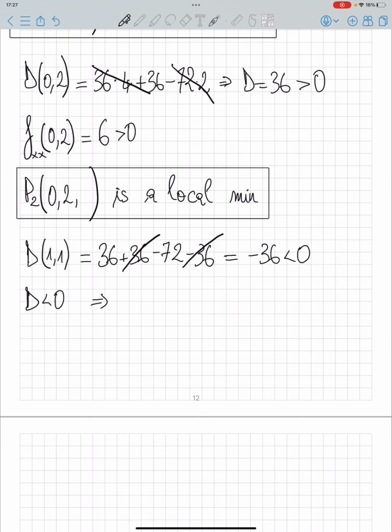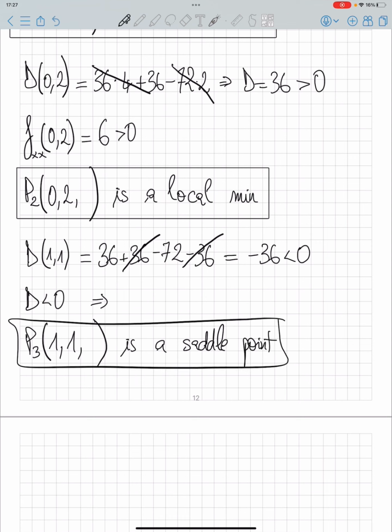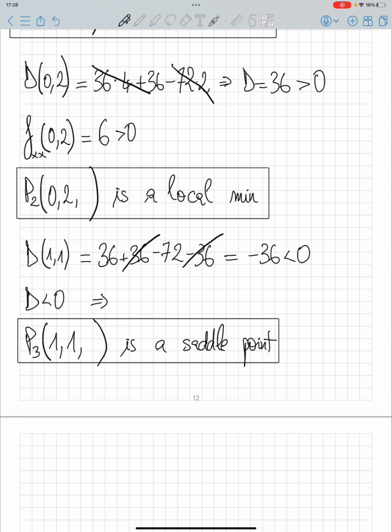We can conclude that the point is a saddle point, right? So P3, the third point, which is 1, 1, is a saddle point.